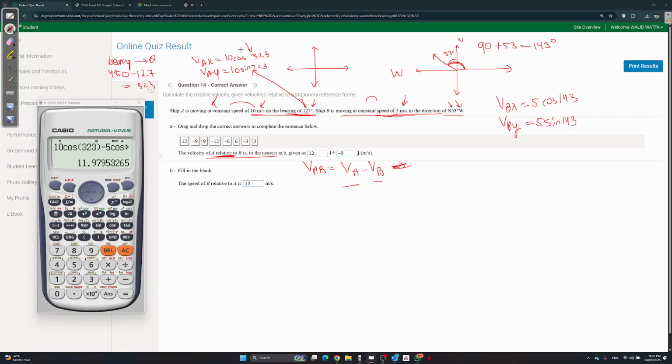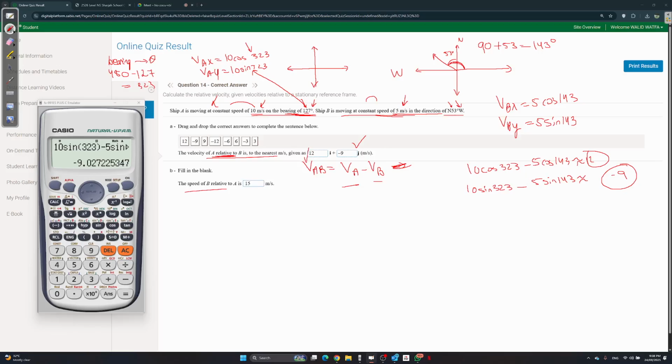So this minus this, let me write it. 10 cos 323 minus 5 cos 143 equals 12, almost 12. And then 10 sine 323 minus 5 sine 143 is approximately, you should get negative 9, but let's do it. Okay, 10 sine 323 minus 5 sine 143, negative 9. So you get 12i minus 9j.